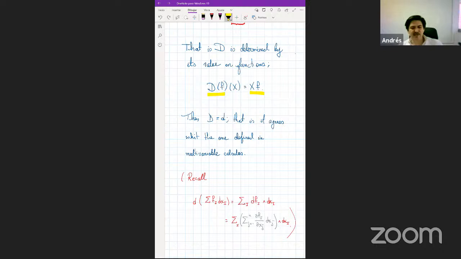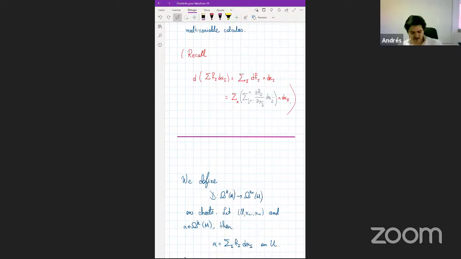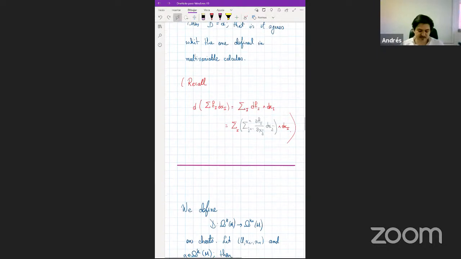So up to this point, any questions? Okay, so now we put aside Euclidean space, and let's see what happens on a manifold. Just remember, on Euclidean space, any D will be this small d that we have seen before.